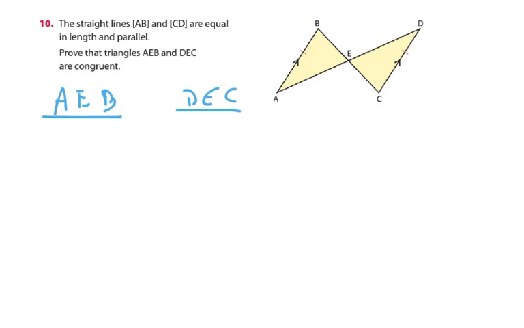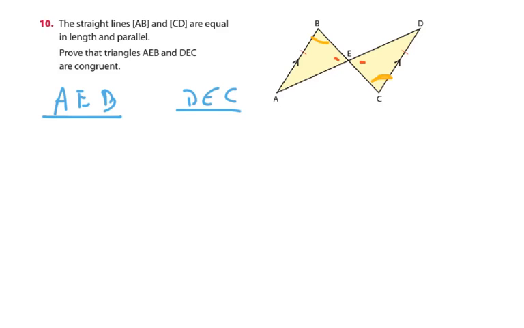Okay, so we then build up. So what am I looking for? Well, I do know that this angle is the same as this because they're vertically opposite. And I do know as well that this angle here, we have alternate angles, should I say. So this angle here, I'll put a little circle like that, is the same as this.